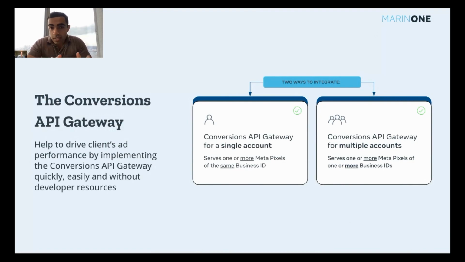But now with Marin's new offering, they're able to take care of all the groundwork for you. As a result, as I said in the previous slide, you're able to get onboarded onto the Conversions API in just a matter of minutes, and lean into those performance benefits. Again, 13% cost per result improvement and 19% more conversions.